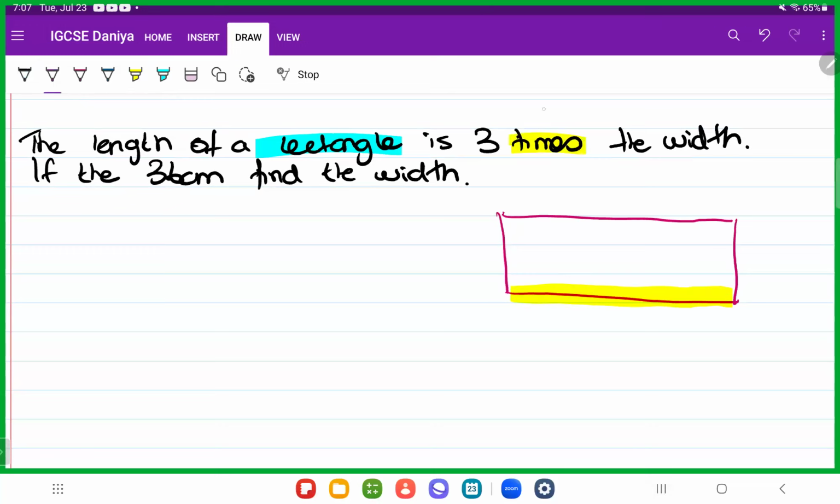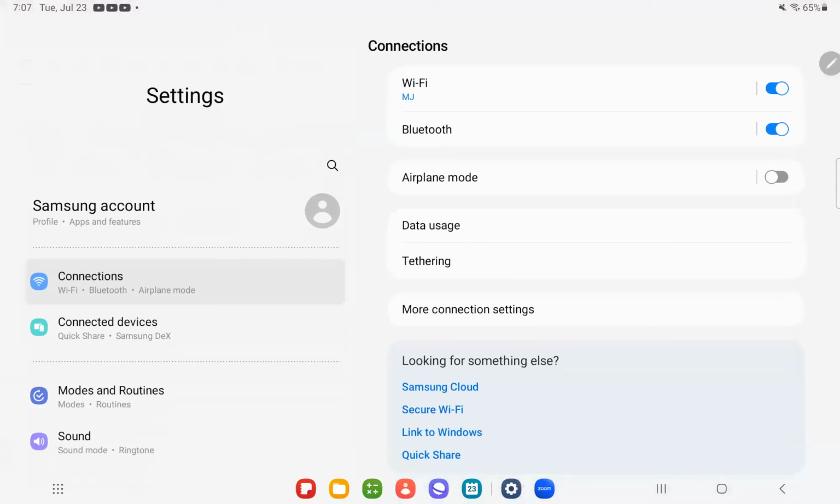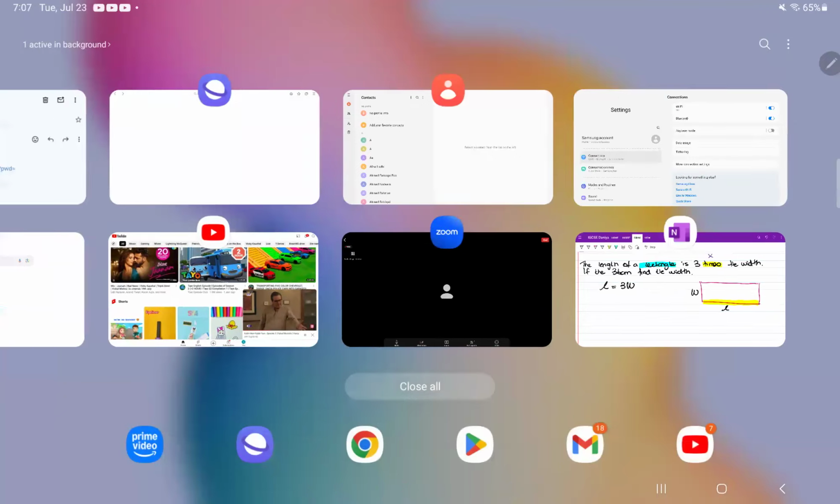It means multiplication, right? So basically, they're saying length is 3 times the width. This is the length, and this is my width. So length is basically 3w.